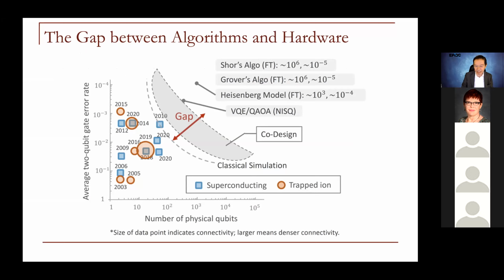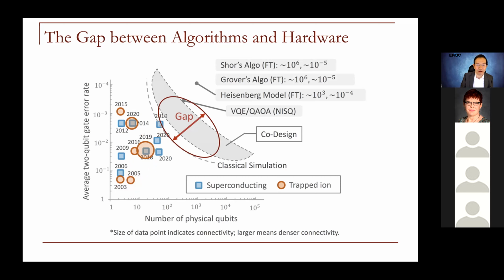And you can see that the machines over time have made great progress, right? Through material science and through physics and experimental methodology, we're getting machines that are moving exponentially up from the lower left to the upper right, right? But it's also the case that there's a significant gap between these machines and where we want to be with the algorithms we want to run.